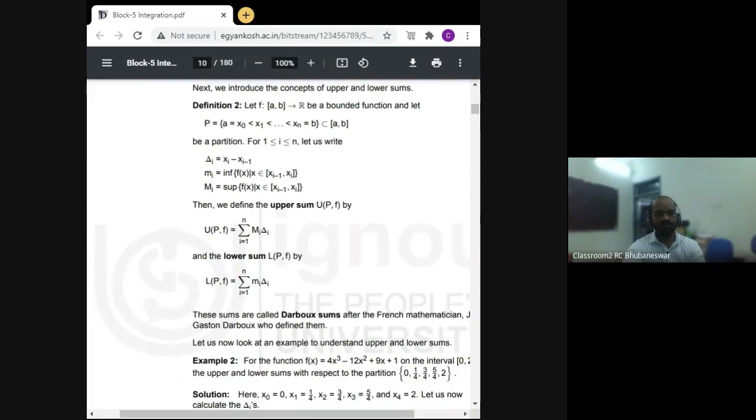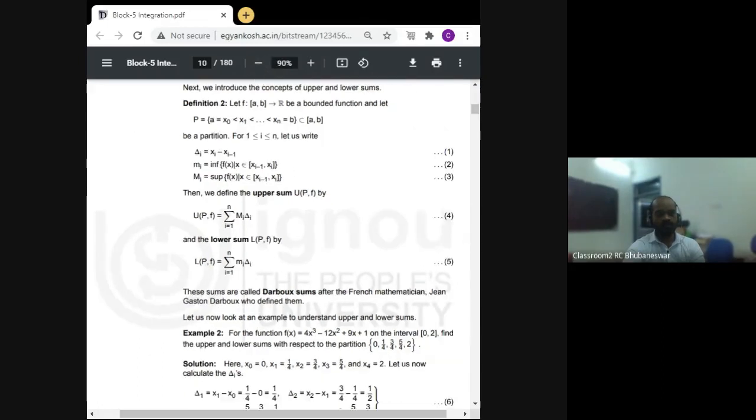In definition 2, the function f is defined over a closed interval [a, b] of the set of real numbers R, and it is a bounded function. Let us define a partition P on the closed interval [a, b], with points x0, x1, x2 up to xn.